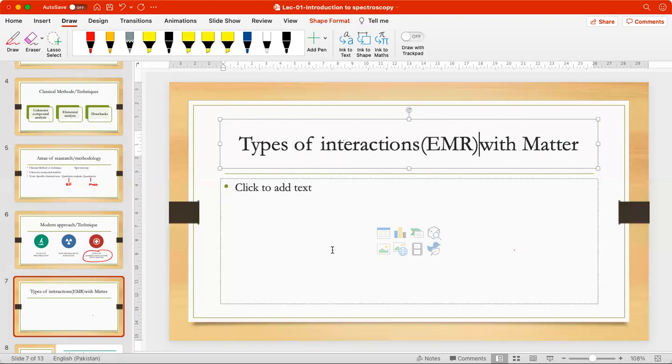So when electromagnetic radiation interaction occurs with matter, we have approximately 5 possibilities.